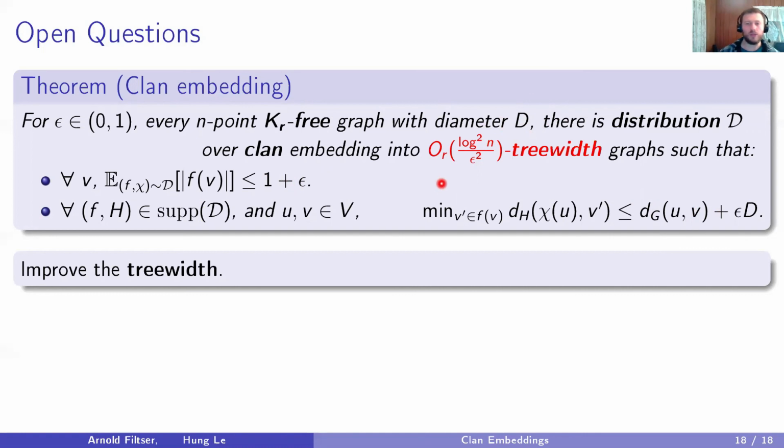For example, if you remove this dependency on log n, or even get it down to log n here, it is supposed to give you a PTAS instead of the quasi-PTAS that we currently have. This is the first open question.